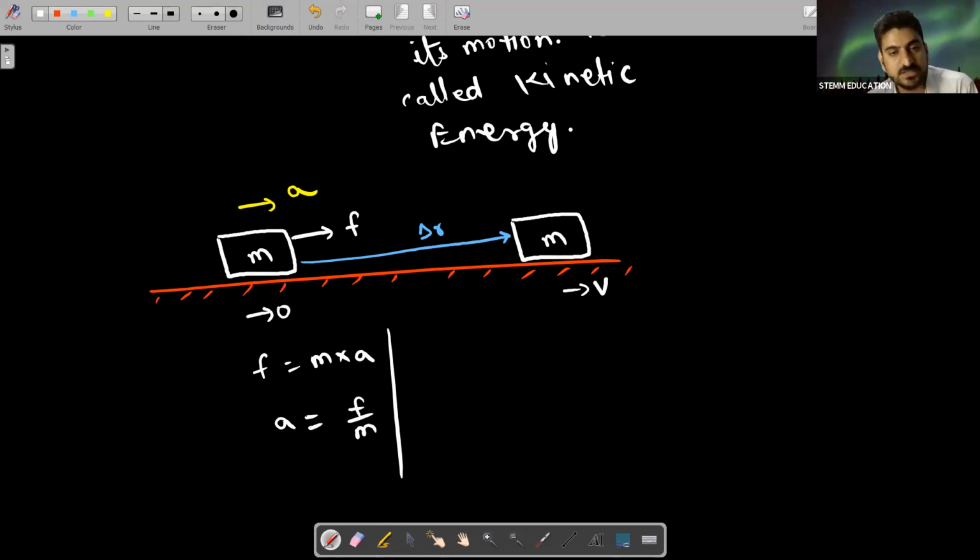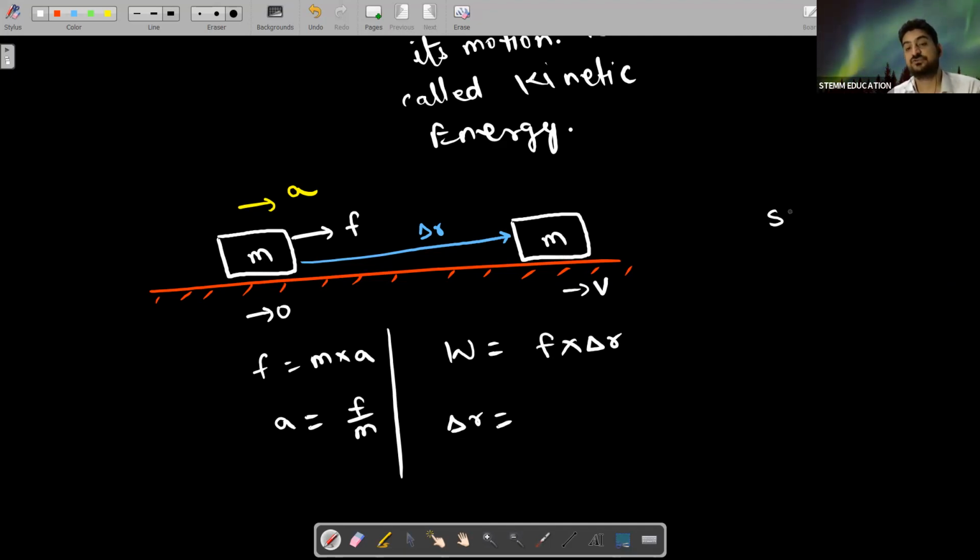How much would be the work done? The work done would be equal to force into displacement delta r. And what would be the value of displacement delta r? We can apply s is equal to ut plus half at squared. This is the second equation of motion that we can apply.